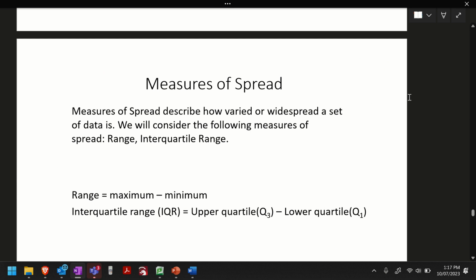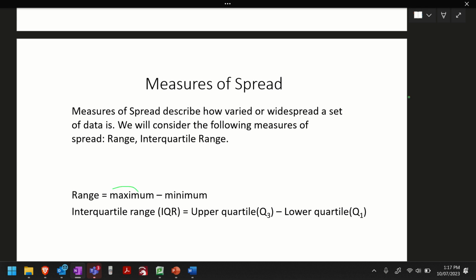Measures of spread. You might need to flip your page for this. This one's not that hard. Measuring your spread is basically just explaining to me what is the range and the interquartile range. Everybody here knows the range.